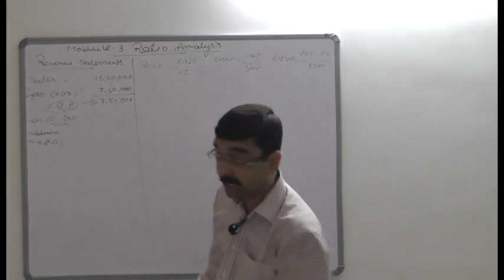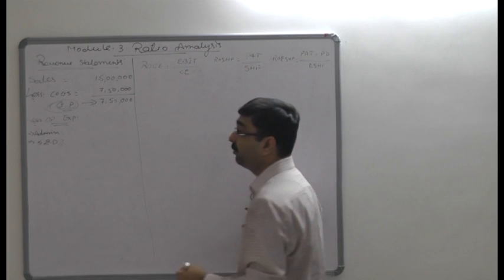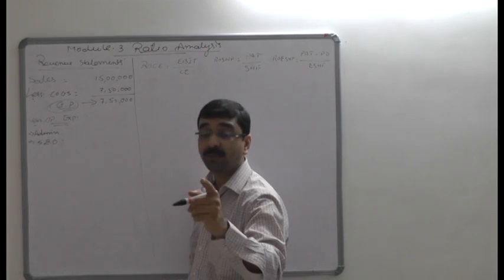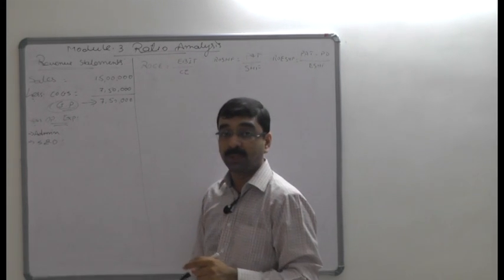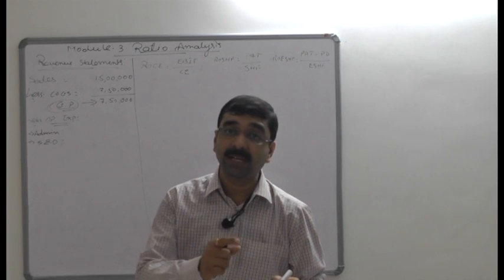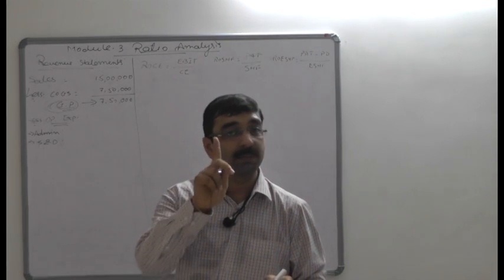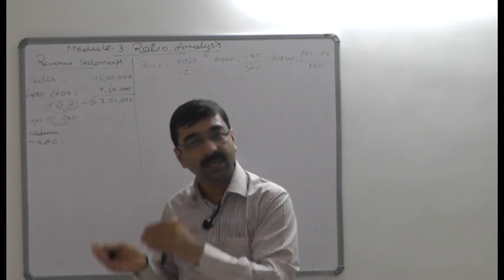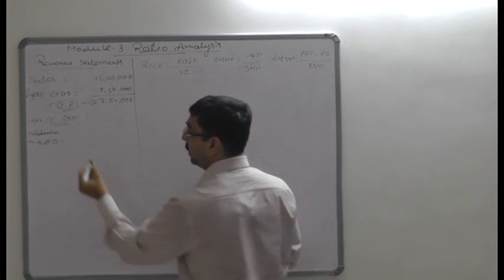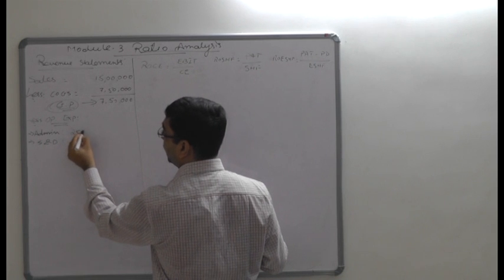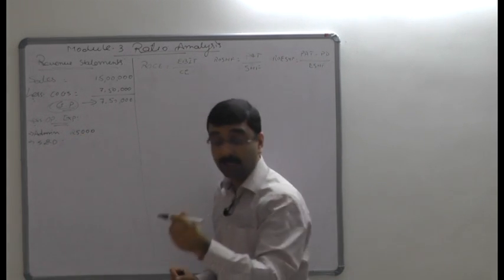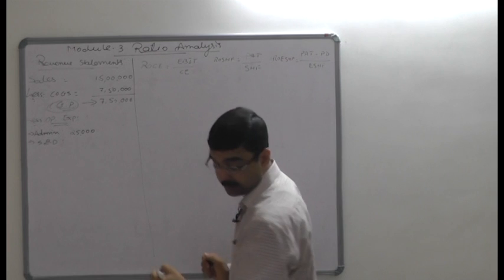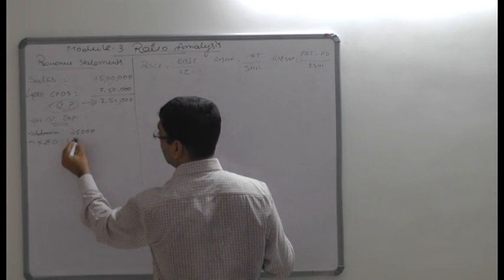Admin expense is given in the question as 1,25,000. The debenture value is 10 lakh rupees, and at 10% interest it comes to 1 lakh rupees. So from the 1,25,000 admin expense, removing interest on debentures, the remaining admin expense is 25,000. And selling and distribution expenses are 1,25,000 rupees.